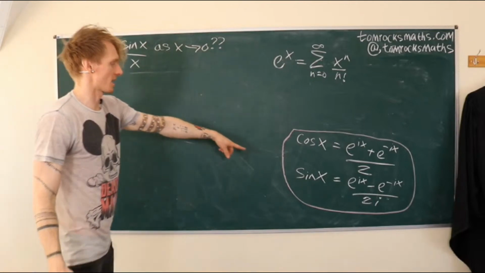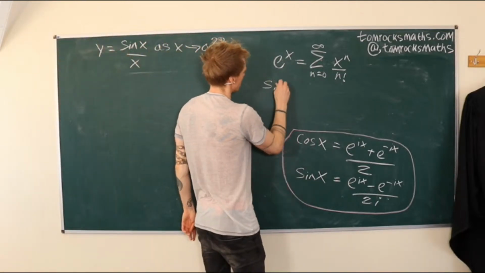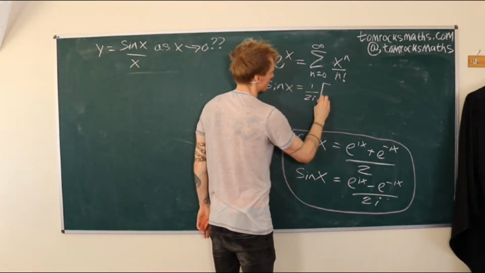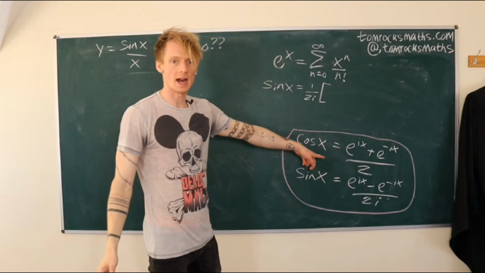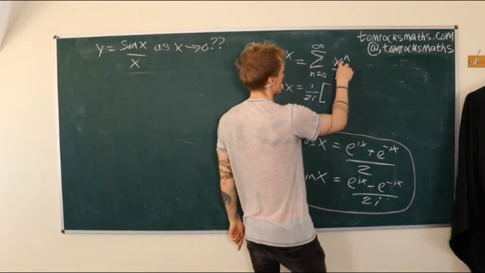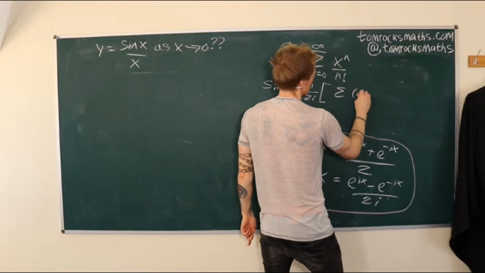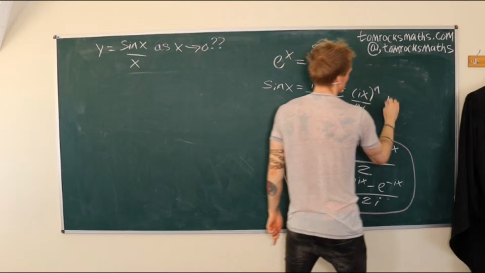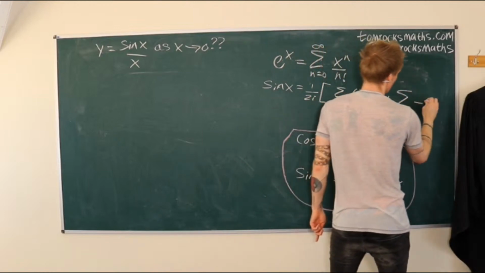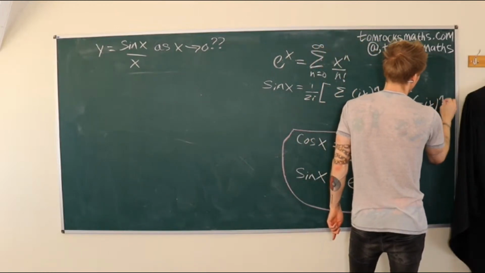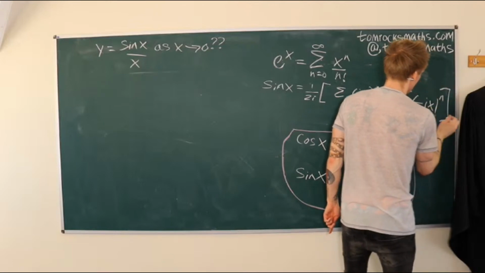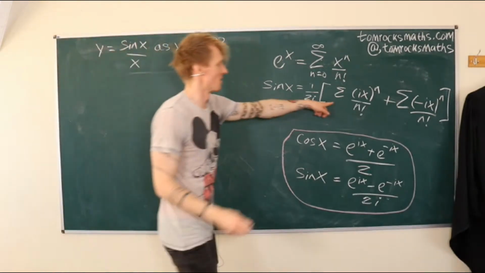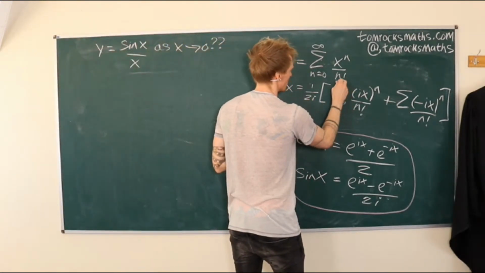So if I combine these exponentials down here, that means that sine of x is 1 over 2i times e to the ix. So that's going to be, if I write it out properly, the sum of ix to the n over n factorial plus the sum of minus ix to the n over n factorial. Right, so it's a pretty complicated expression. There's two infinite sums in here, from 0 to infinity.